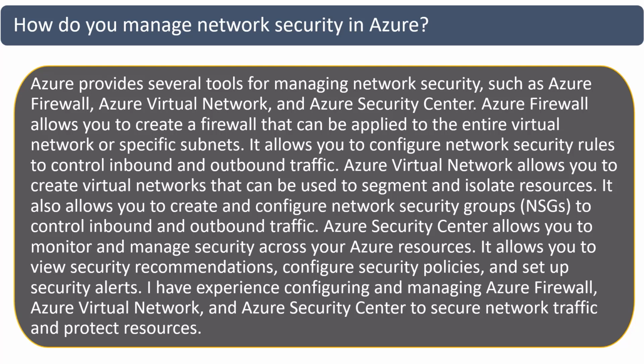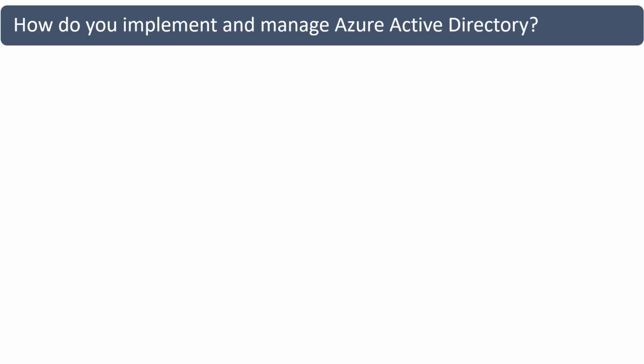It also allows you to create and configure network security groups, NSGs, to control inbound and outbound traffic. Azure Security Center allows you to monitor and manage security across your Azure resources. It allows you to view security recommendations, configure security policies, and set up security alerts. I have experience configuring and managing Azure Firewall, Azure Virtual Network, and Azure Security Center to secure network traffic and protect resources.